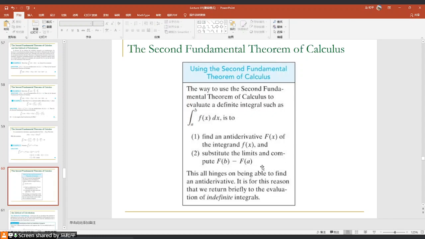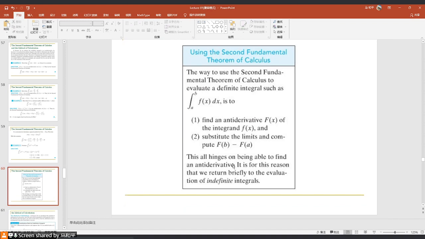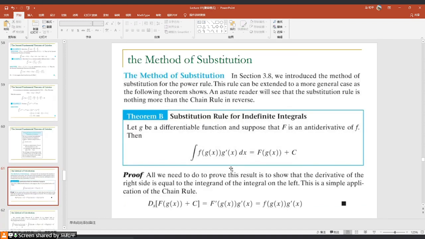This all hangs on being able to find an antiderivative. It's for this reason that we return briefly to the evaluation of indefinite integrals. This means if we want to calculate the definite integral, then I think you must be familiar with indefinite integrals. Otherwise, it's hard for you to calculate this.